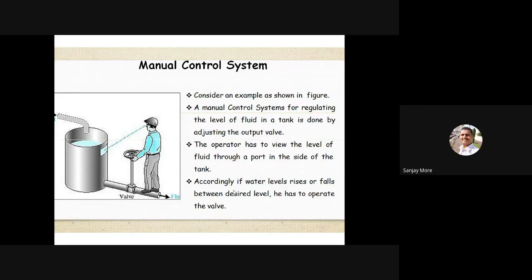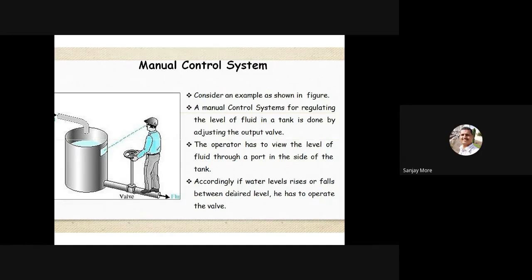So write down under manual control system. First point: a manual control system for regulating the level of fluid in a tank is done by adjusting the output valve. Full stop.